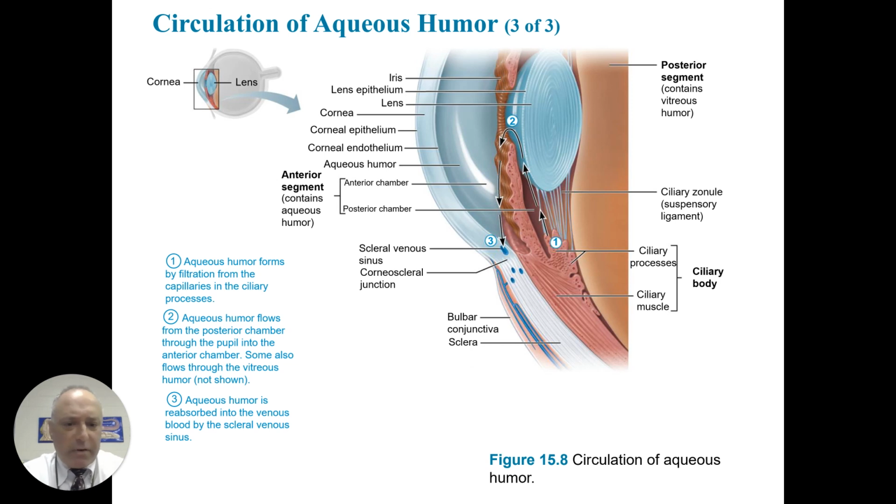And so we can see it starts off at the ciliary body. It then moves from the posterior chamber into the anterior chamber and out this venous sinus.